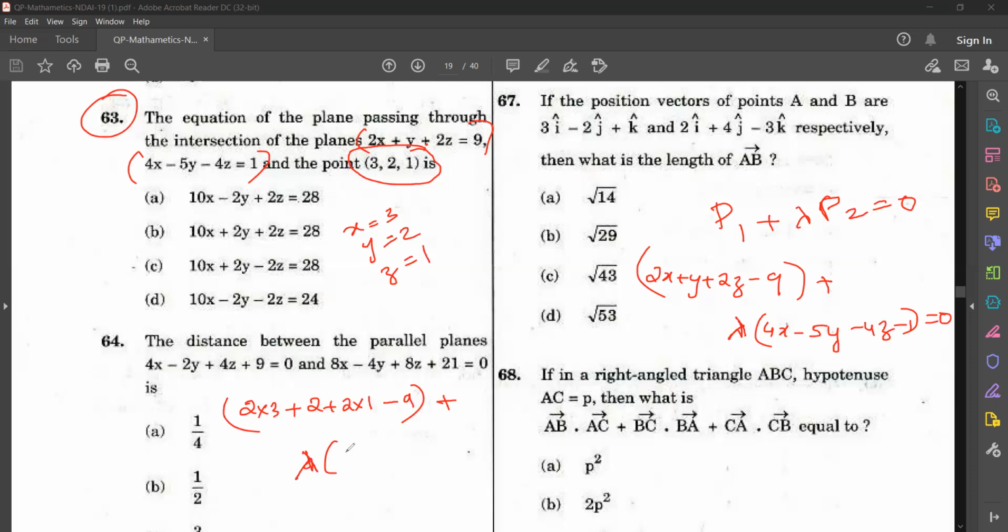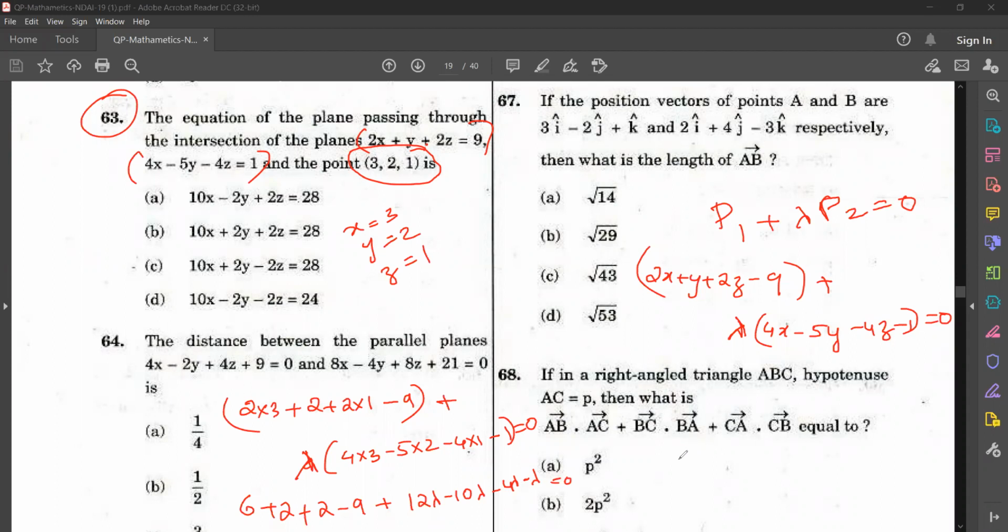Lambda into 4 into 3 minus 5 into 2 minus 4 into 1 minus 1 equal to 0. So 6 plus 2 minus 9 plus 12 lambda minus 10 lambda minus 4 lambda minus 1 lambda, that is equal to 0.